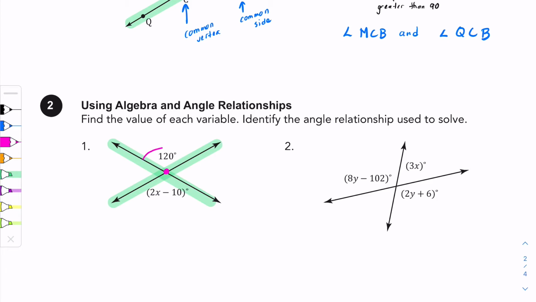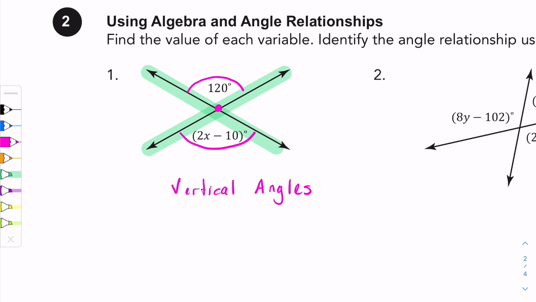If this is the case, you have vertical angles that are congruent to each other. If you have vertical angles, then you know that they are equal to one another. So I can set up an equation of 120 is equal to 2x minus 10.